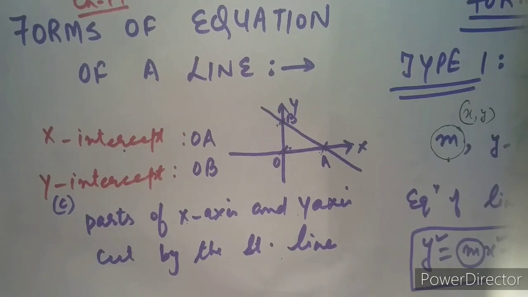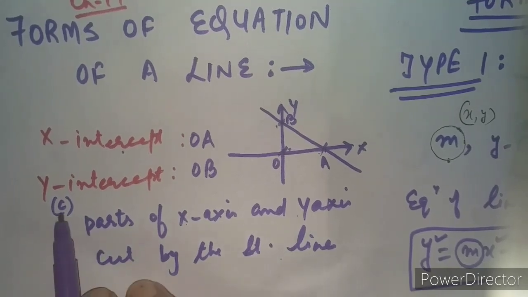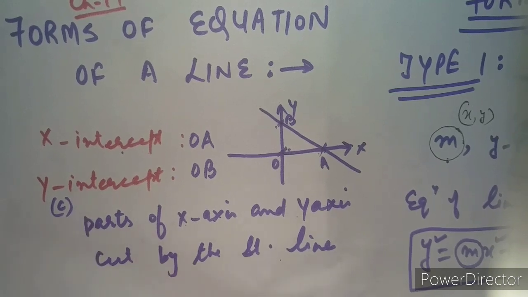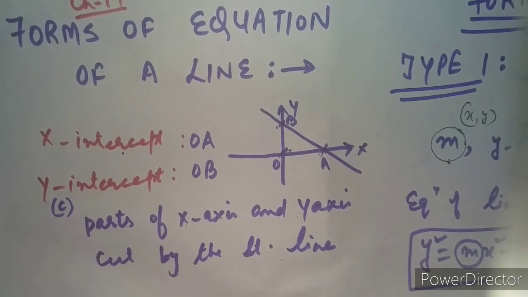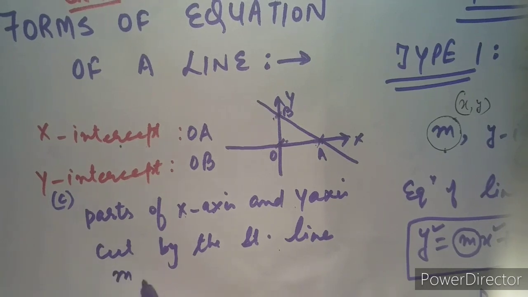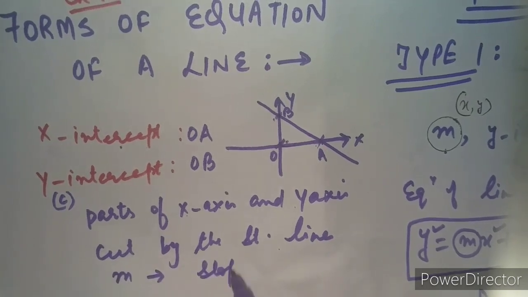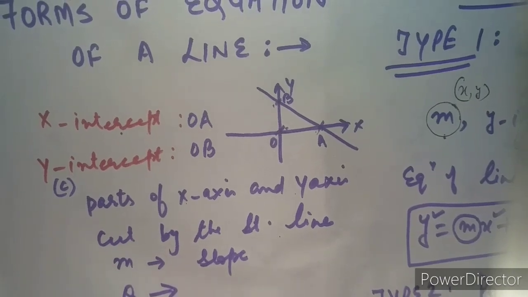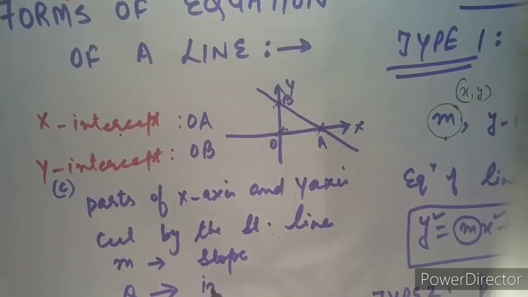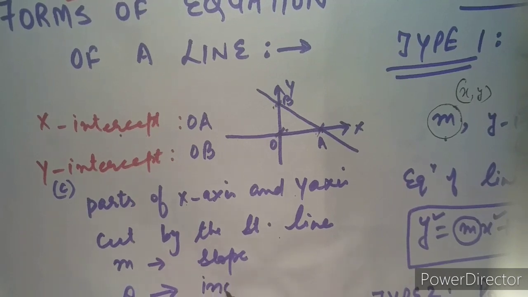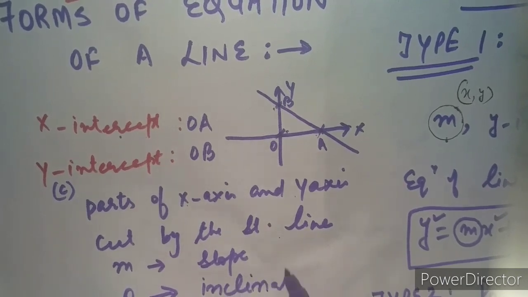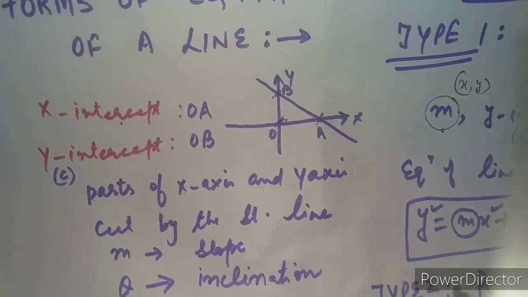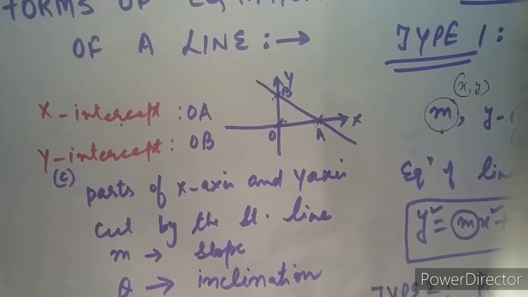But especially for the y-intercept, small c is the symbol used, and you already know that small m is the symbol always used for slope. One more very important symbol used in these questions is theta, which is the angle of inclination. So these symbols remain as they are for the further parts of this chapter, right?